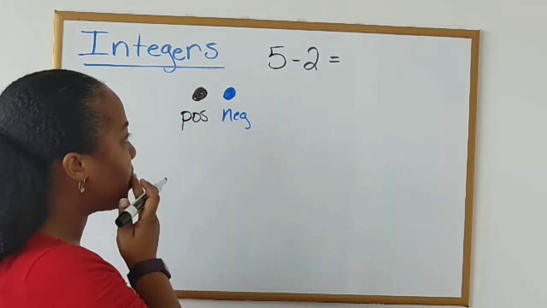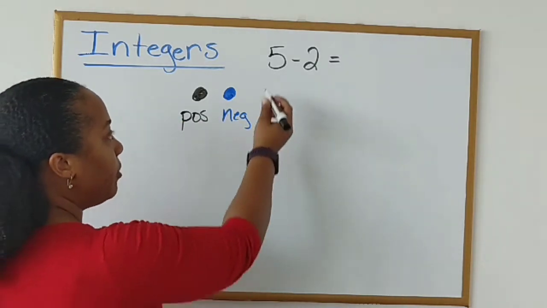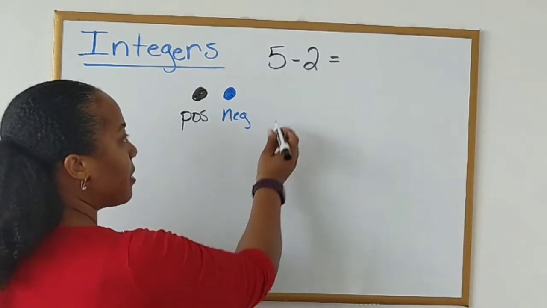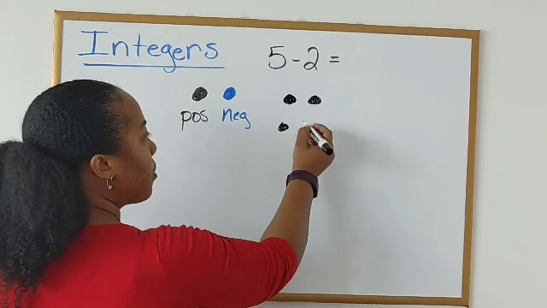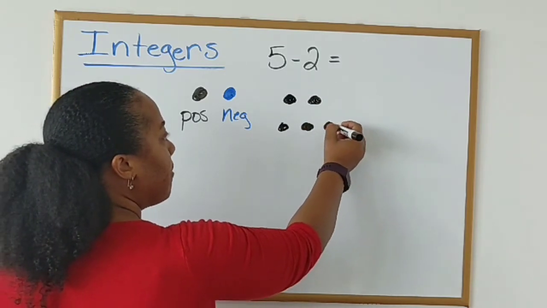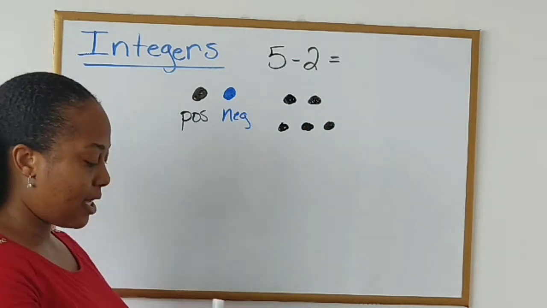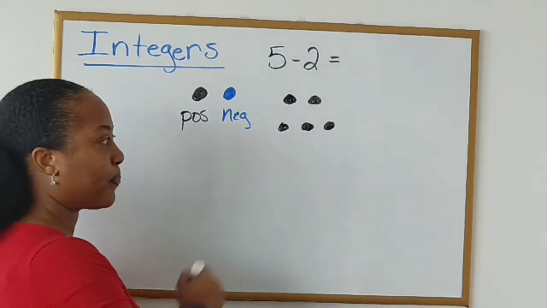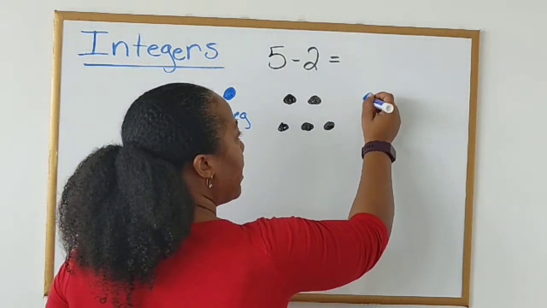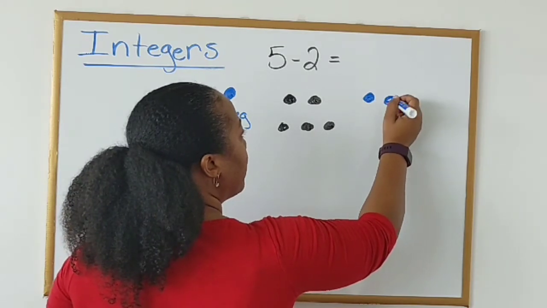So how could we represent this? Well, we said black would be for positive, so we can draw 5 black dots. 1, 2, 3, 4, and 5. For our negative, we would represent 2 blue dots. So we have 1 dot and 2.